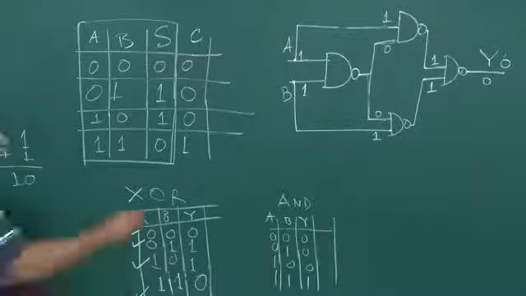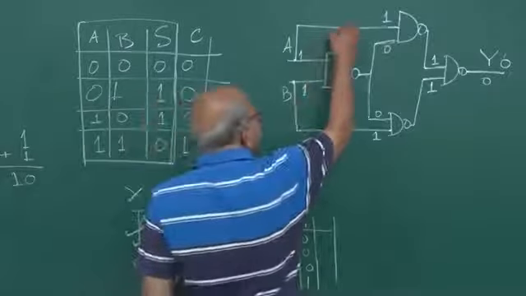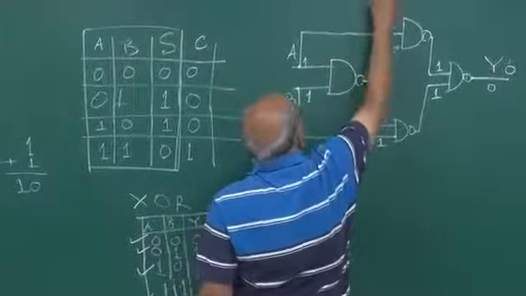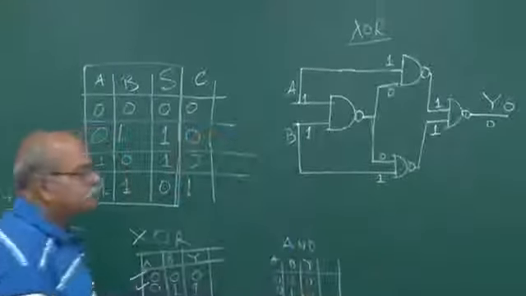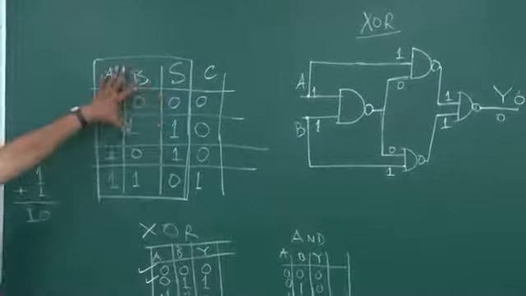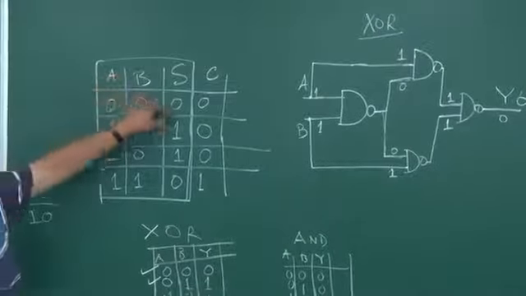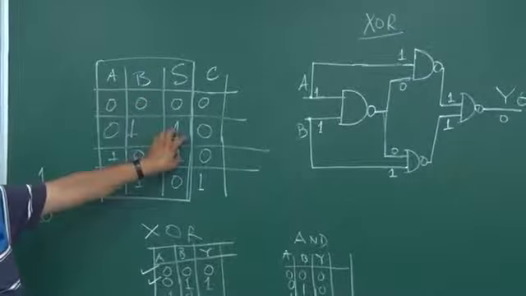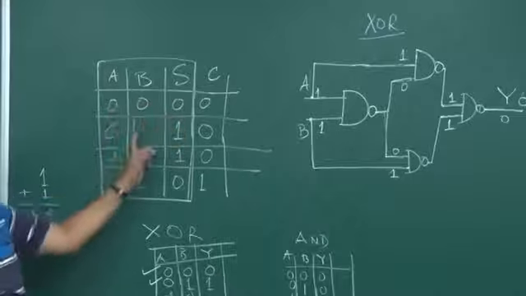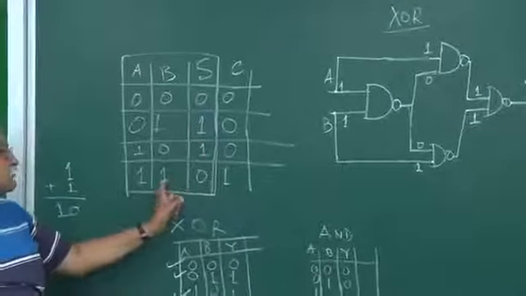Okay. So this is the circuit realized with NAND gates and this is XOR. And this is also the sum. If I take this arithmetic addition, it is this S: 0, 0 gives 0, 0, 1 gives 1, 1, 0 gives 1 and 1, 1 gives 0.